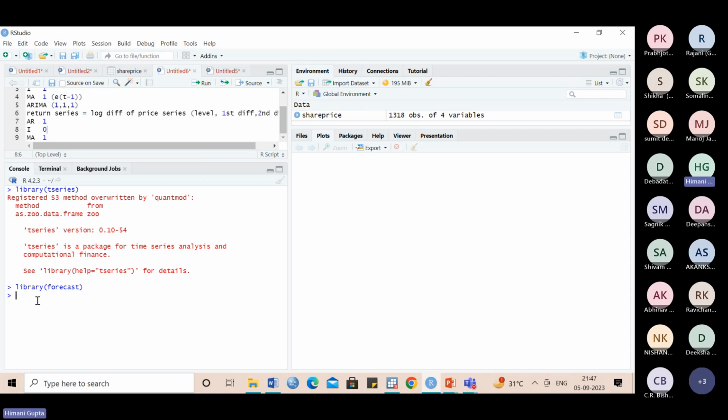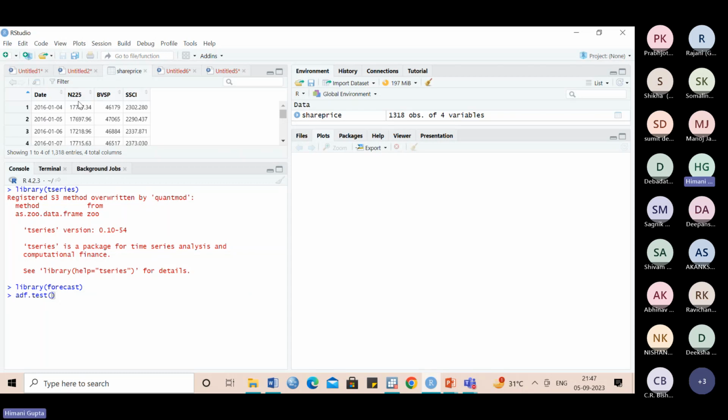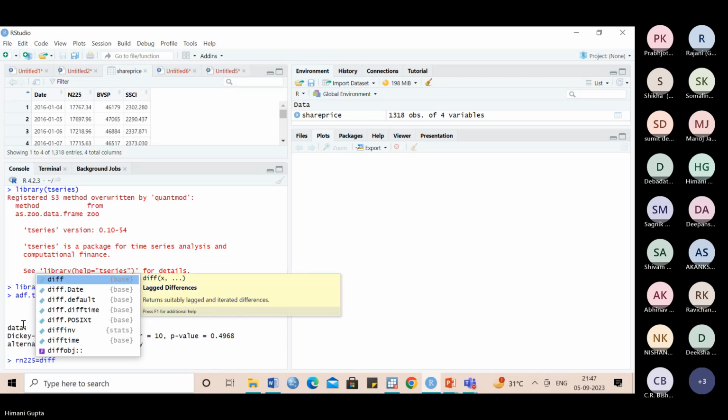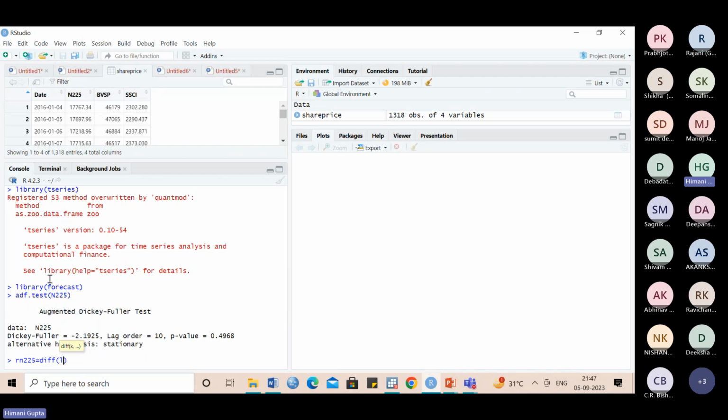Let's come over here. Let's say I am checking ADF.test for the price series. My price series is this one, the original. I am writing N225. Now you can see that it is not stationary. So how does it become stationary? I am writing Rn225 equals diff log N225.